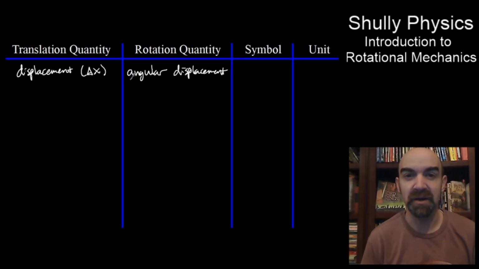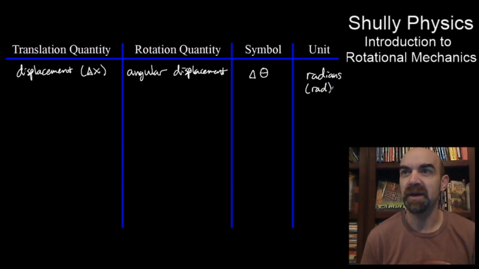This could be delta y or delta r, a lot of different things. There's only one symbol for angular displacement, unless you're dealing with different angles. The angle is theta, so angular displacement will be a delta theta. So when an object rotates from an initial angular position to a final angular position, we've got a delta theta. And instead of units of meters, we've got units of radians. I usually shorten it to rad or just r.